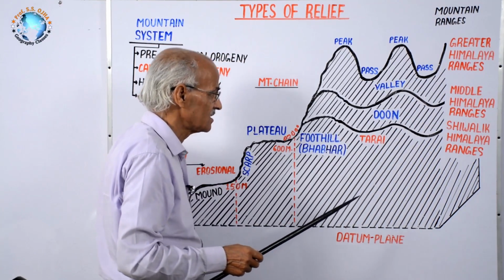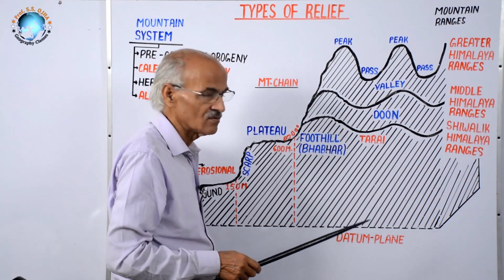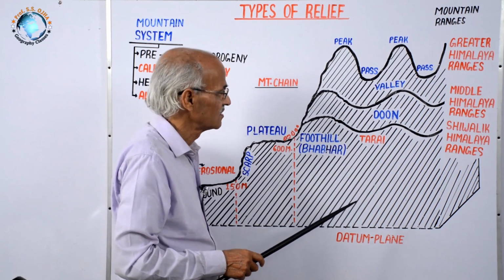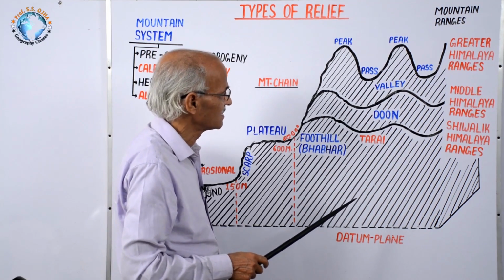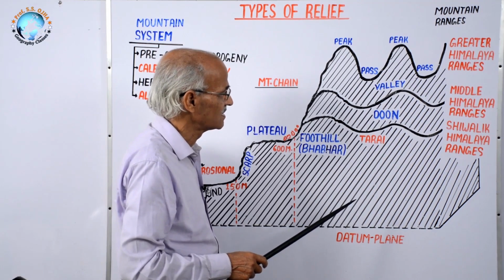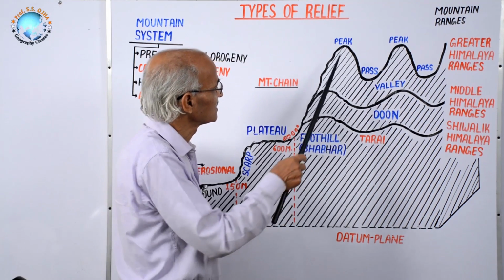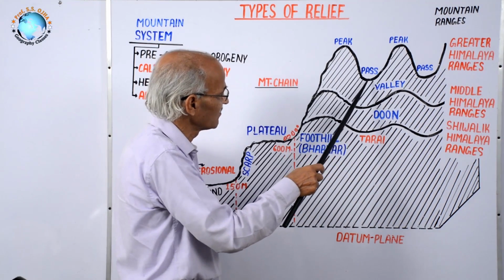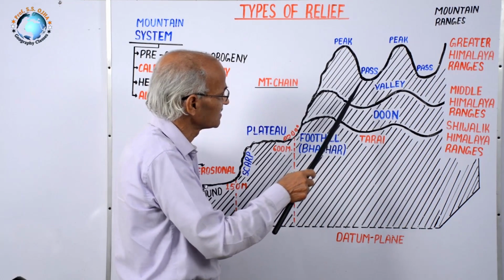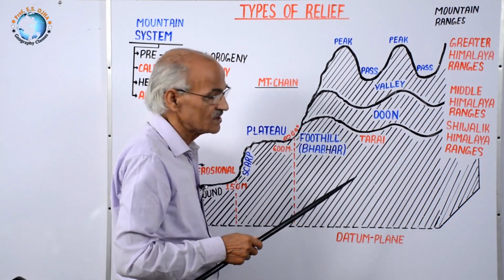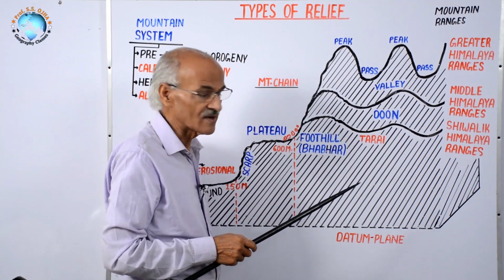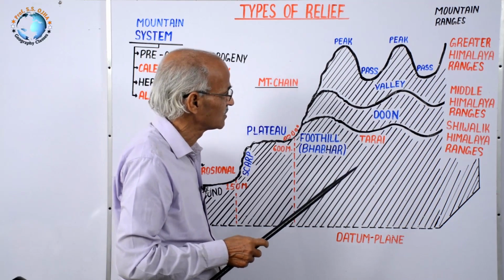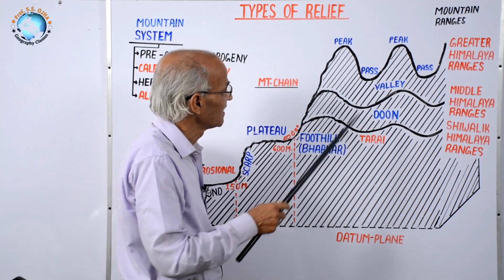Now one question is, you have to develop a tourist spot as a hill station. Hill stations will be established on the peaks, not in valleys, not in passes. So which range would you prefer for the development of tourist spots or hill stations?